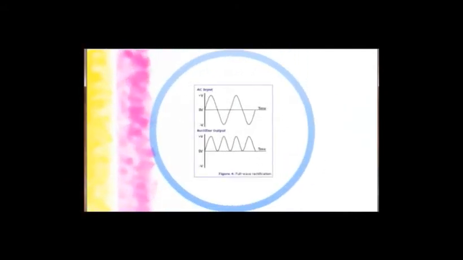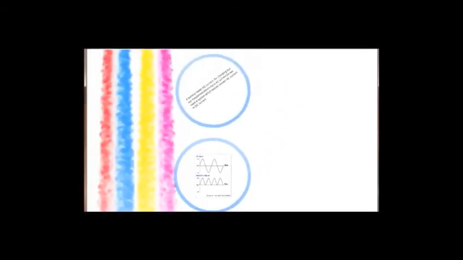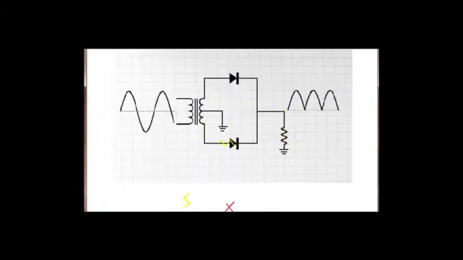Full wave rectification converts both polarities of the input waveform to DC current and yields a higher mean output voltage. Two diodes and a center tap transformer, or four diodes in a bridge configuration and any AC source, including a transformer without center tap, are needed.